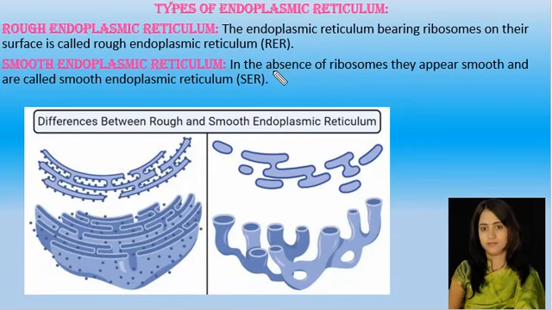Now let us discuss the types of endoplasmic reticulum. Mainly there are two types: rough endoplasmic reticulum, abbreviated as RER, and smooth endoplasmic reticulum, abbreviated as SER. In the rough endoplasmic reticulum, ribosomes are attached to the outer surface of the membrane, hence its surface appears rough.